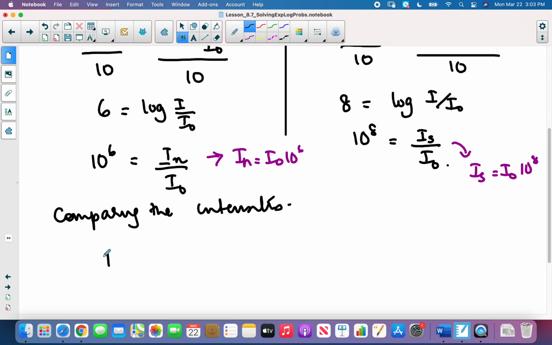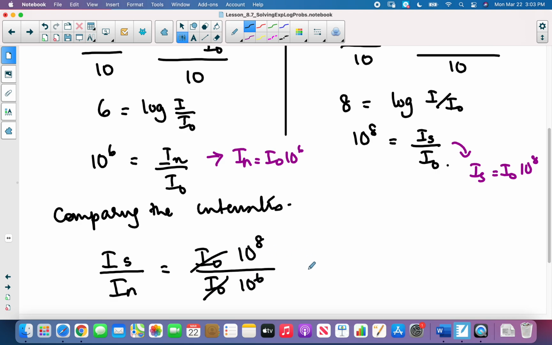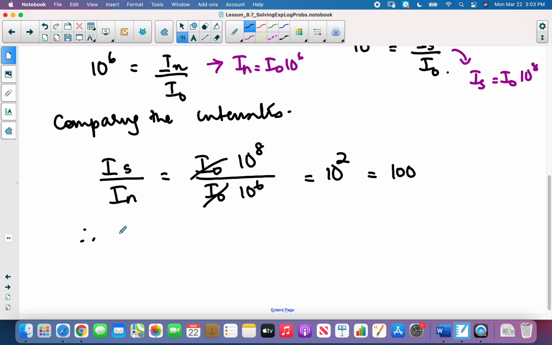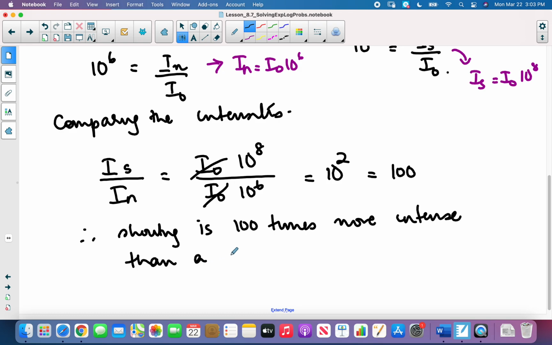Comparing their ratio, IS is I0 times 10 to the power of 8, and IN is I0 times 10 to the power of 6. So it's 10 to the power of 8 minus 6, which is 100. That means shouting is 100 times more intense than a normal conversation.